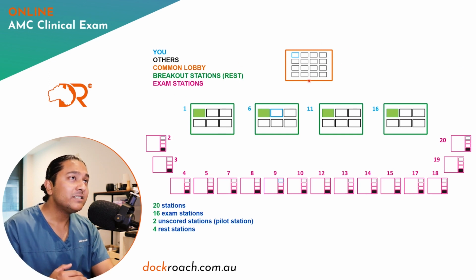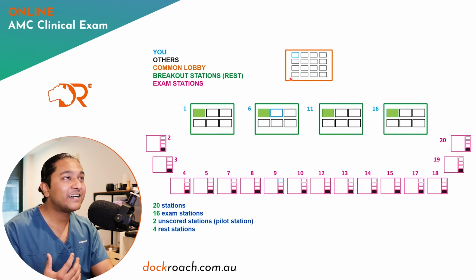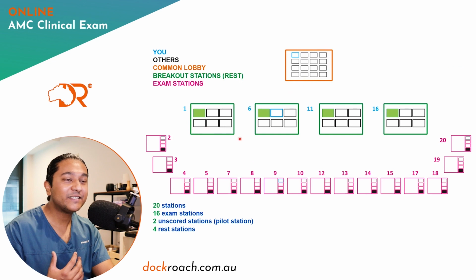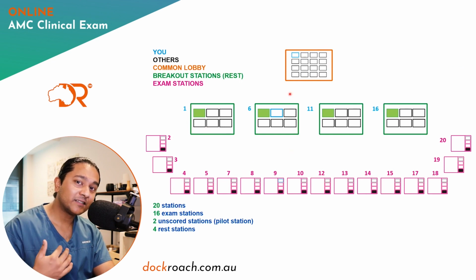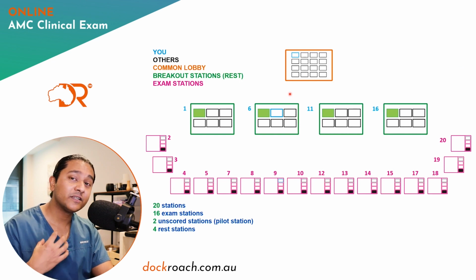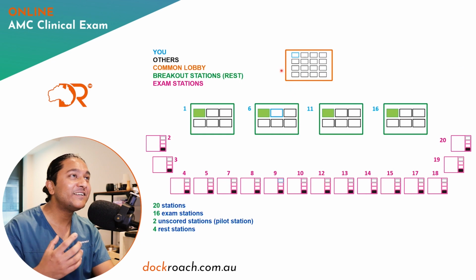If you're watching this for the first time, you might be wondering what these boxes are, the ones in orange, green and pink. If you're having that trouble, please go and watch the couple of videos before this so that you understand how I simplified the actual Zoom screen into this.